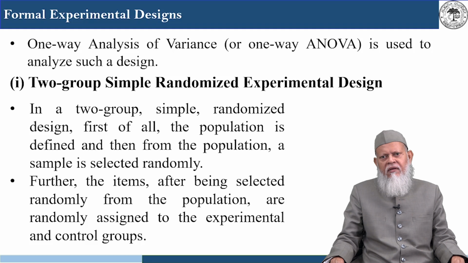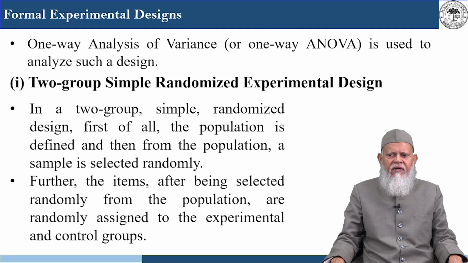There are many ways to select the sample randomly. The researcher has to adopt any of them according to the problem that he or she has at hand. It has to be, however, logical.